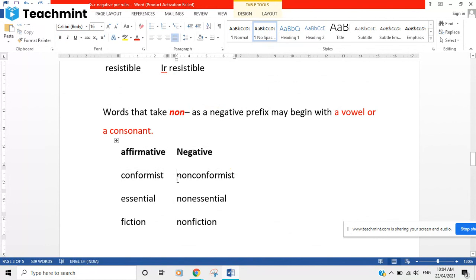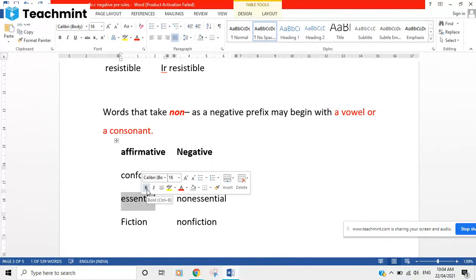Okay, next, satisfaction. Un or dis. Which prefix will you use here?